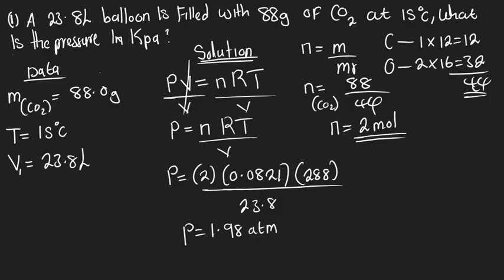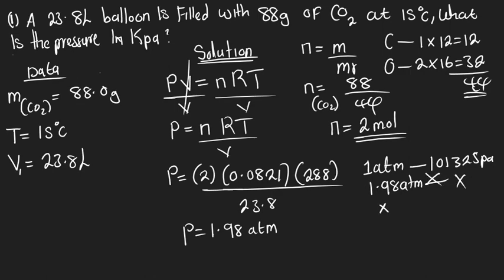So you now use a conversion factor where you say 1 atmosphere is going to equal to 101,325 pascals. Then 1.98 ATM is going to equal to X.